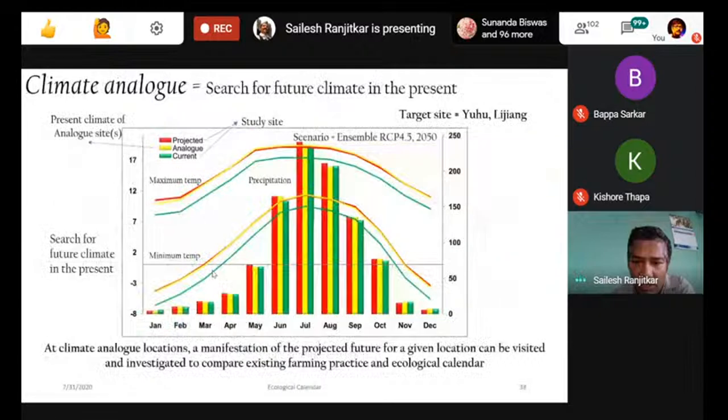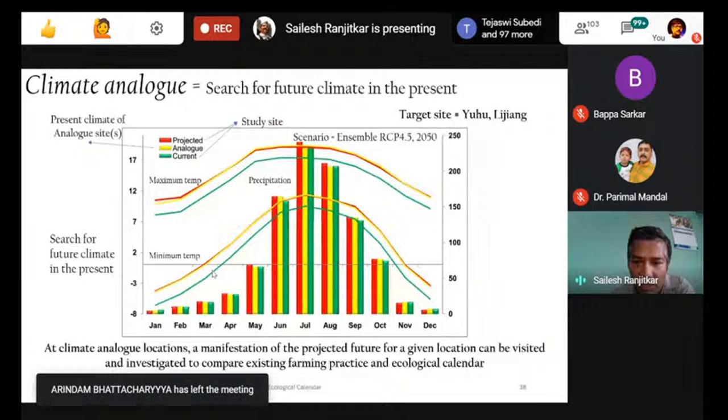This comes from another model that we carried out, called climate analog. Climate analog is a kind of model mostly used to search for the future climate in the present.